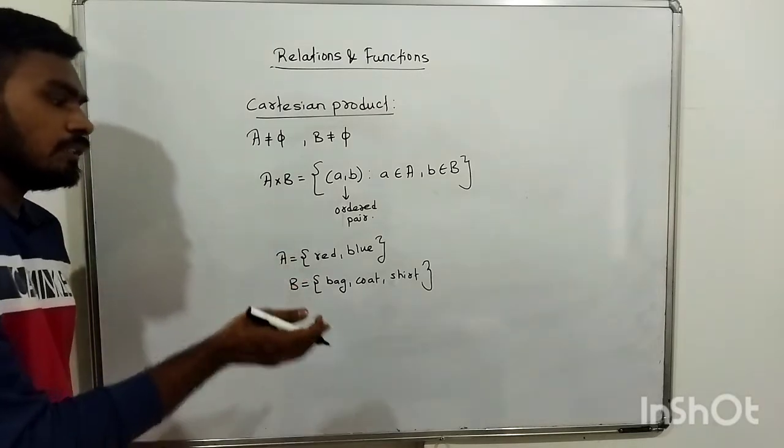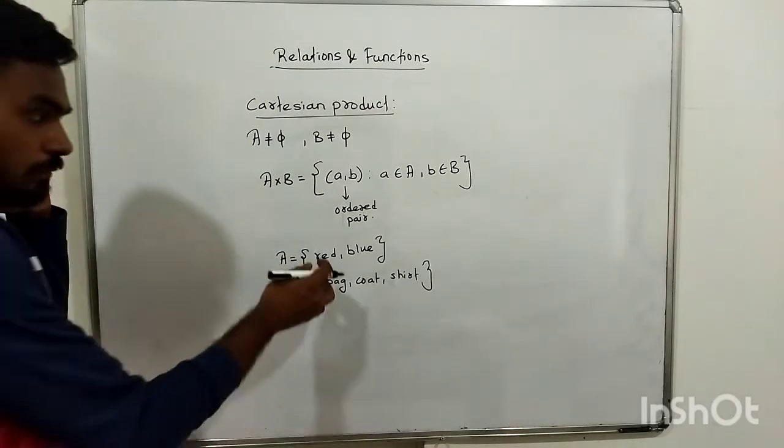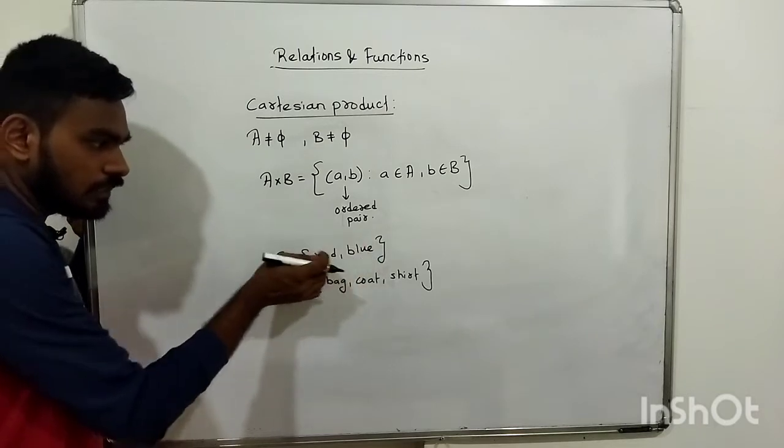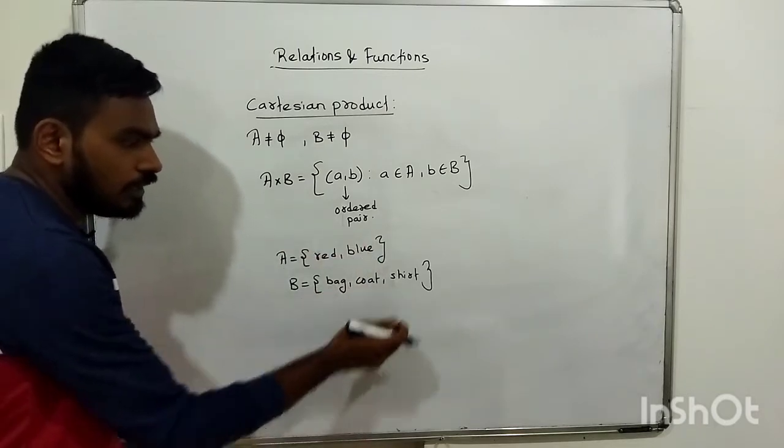How many different pairs can you make such that the first element of the pair is from the first set and the second element is from the second set?